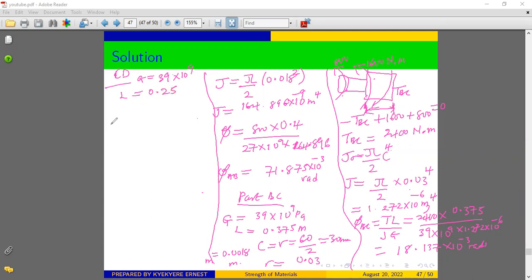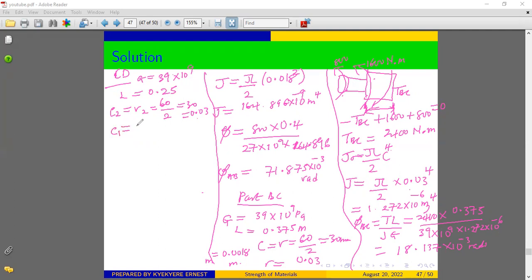And we are given two diameters. The outer diameter, which is C2, which is the same as R2, the distance from the center to the surface. We are told that it's 60. So the radius is going to be 60 over 2, which will be 30, and that will be 0.003 meters. And the inner one, we are told that it is hollow, it is cut.